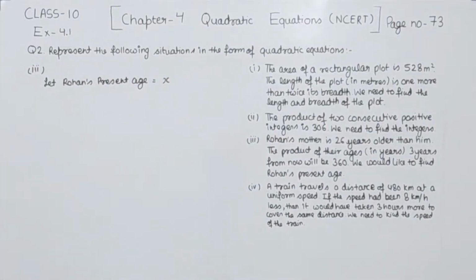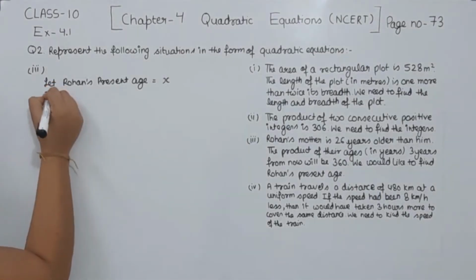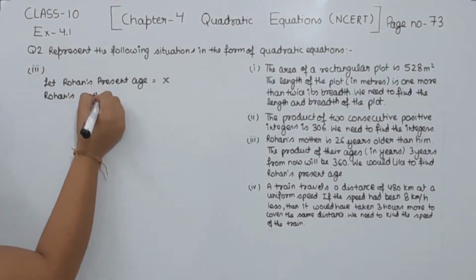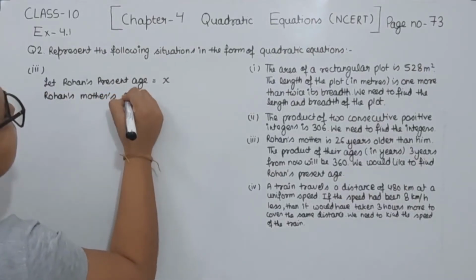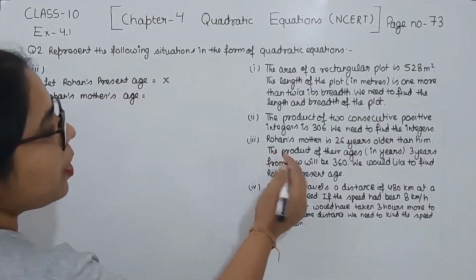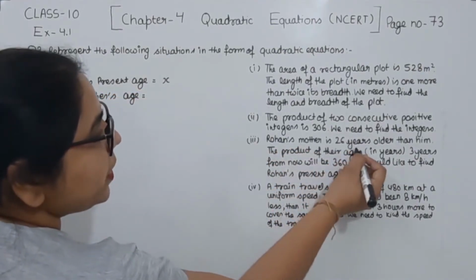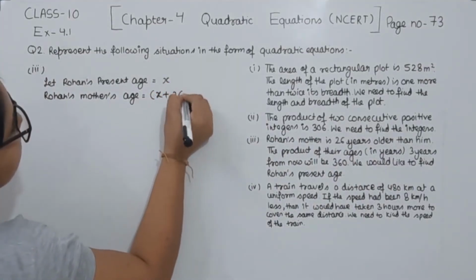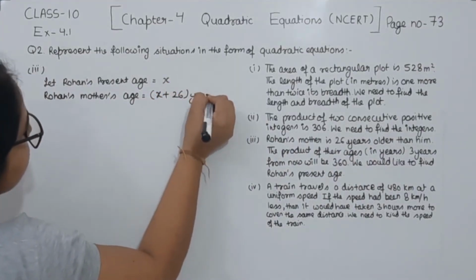Then Rohan's mother's age, because his mother is 26 years older than him, will be x plus 26 years.